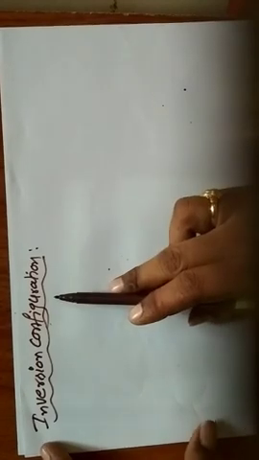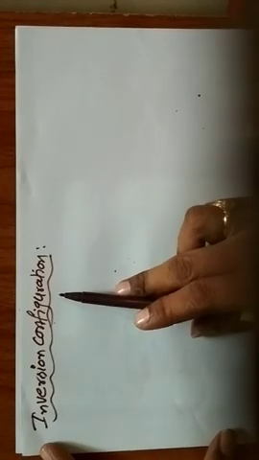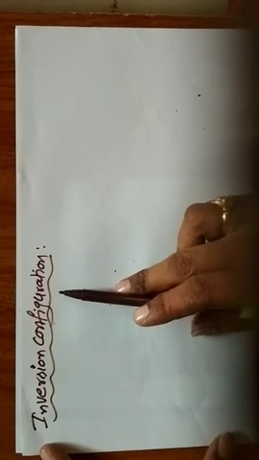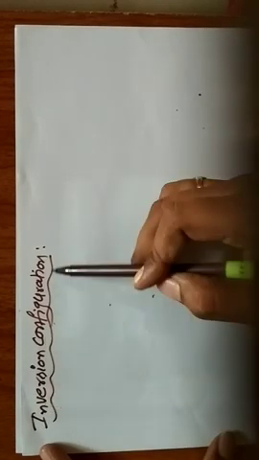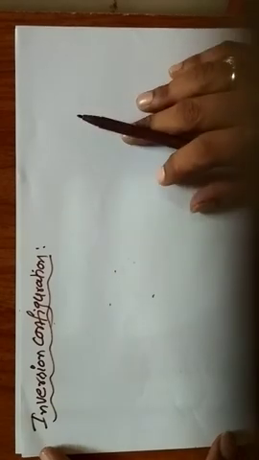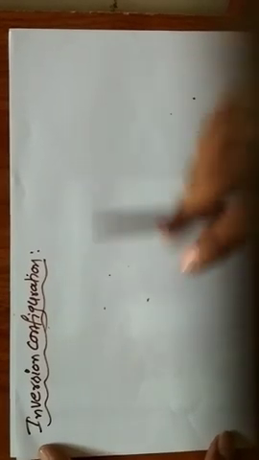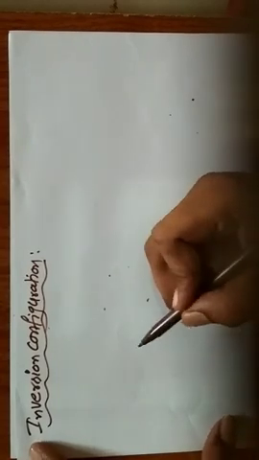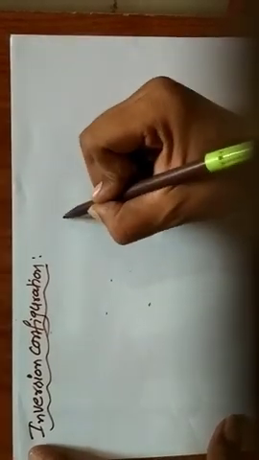These two terms are used in mechanisms, very important mechanisms. In the SN1 and SN2 mechanisms, we use inversion configuration and retention configuration. First I will explain inversion configuration with an example. First we take any one molecule. For example, I will take this molecule.